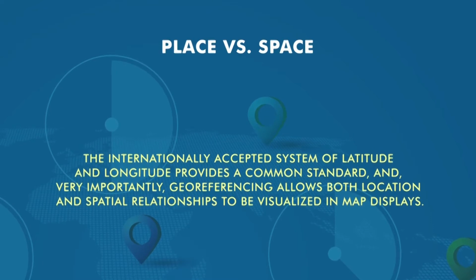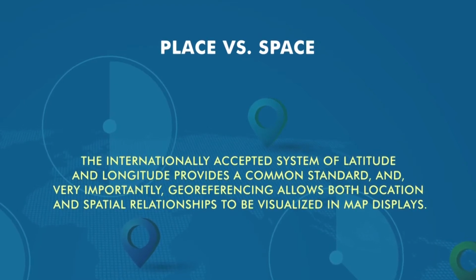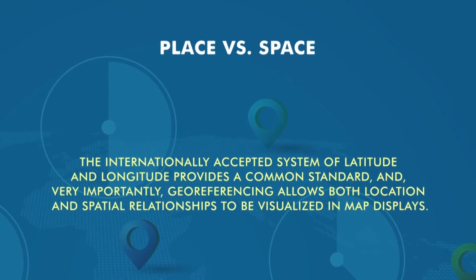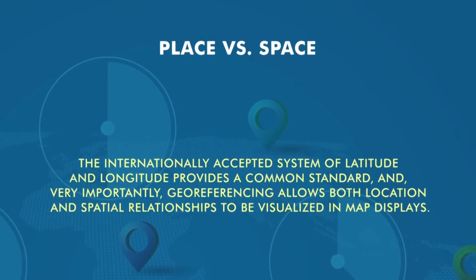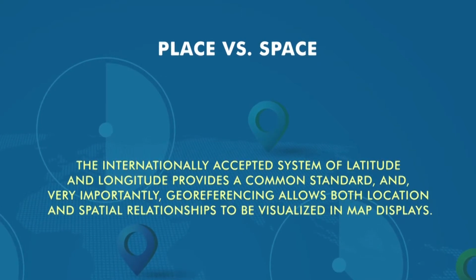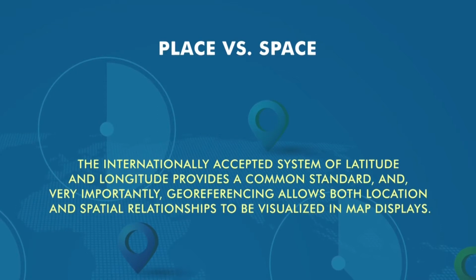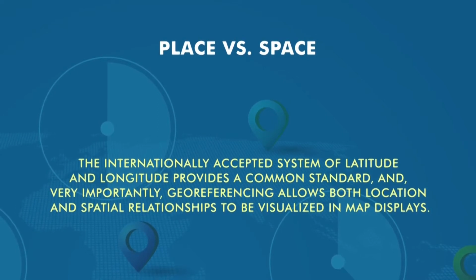It provides a common standard, and very importantly, georeferencing allows both location and spatial relationships to be visualized in a map display. So, not only will it provide a device that will help users locate documents with a set of given geographical names through different kinds of complex query formulation, but it will also provide visualization, and information visualization is becoming very important day by day in all kinds of library retrieval systems.